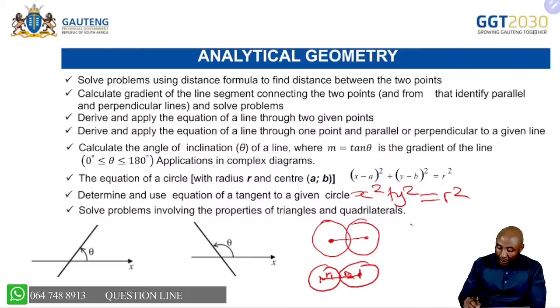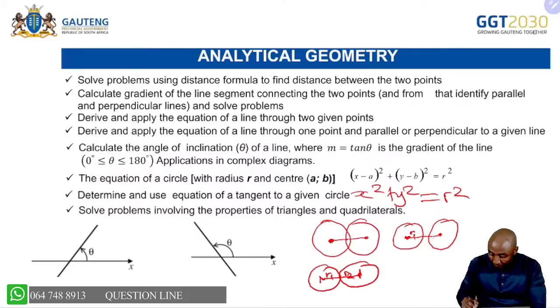Where they are not intersecting, you will find out that the distance between the centers is greater than R1 and R2 added together. We should look at this.